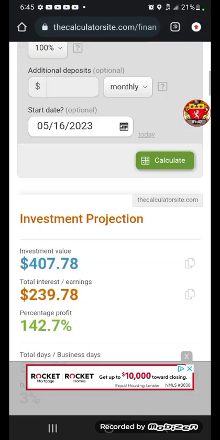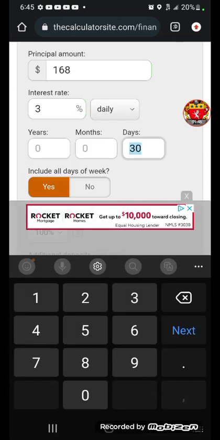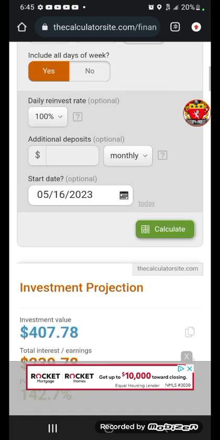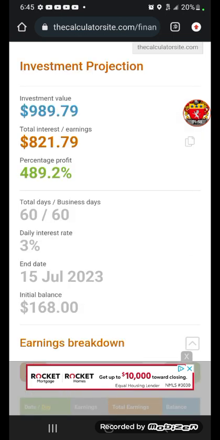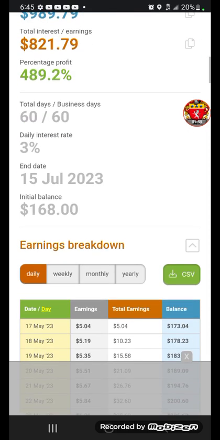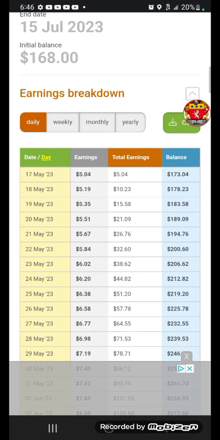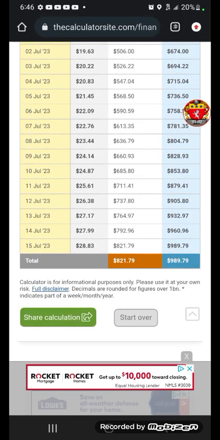So, let's go back up here and let's calculate a 60-day return on $168. That's going to bring your account up to $1,000 for a 489% profit. After 60 days, you're going to be making $28.83 per day.